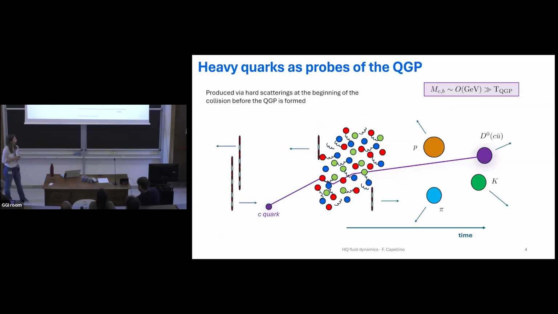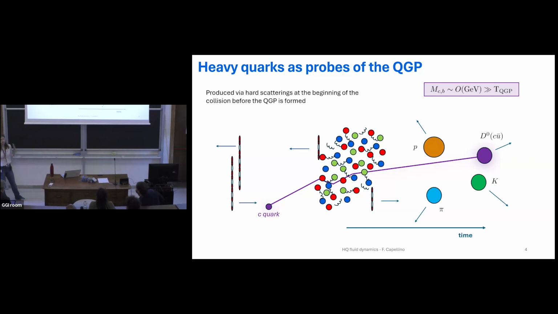So let's start. Probably many of you are familiar with this, but heavy quarks, so charm and beauty quarks, are a wonderful tool to study the properties of the quark-gluon plasma produced in heavy ion collision. In fact, here you see depicted the sketch of a heavy ion collision, and the heavy quarks, like charm and beauty, are produced even before the quark-gluon plasma phase is formed.